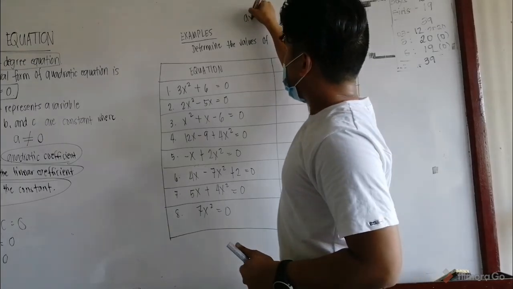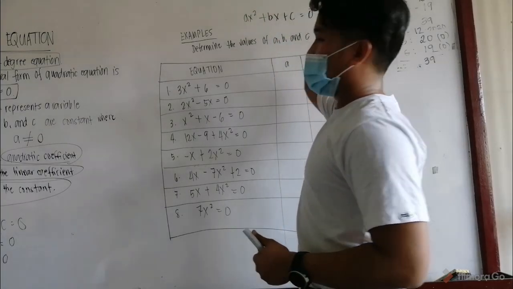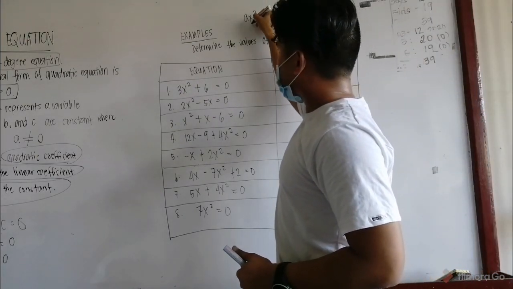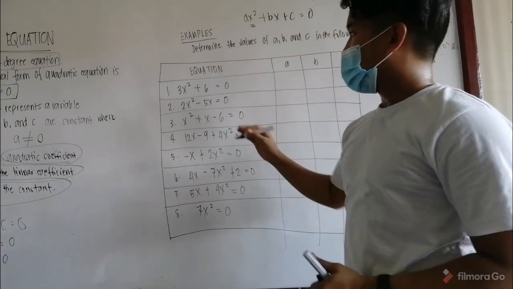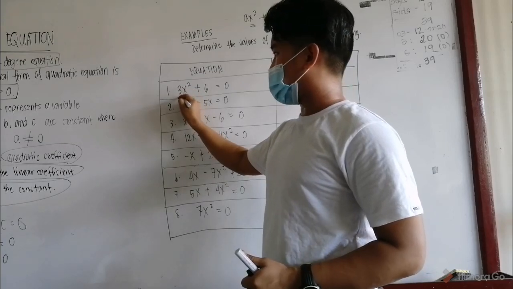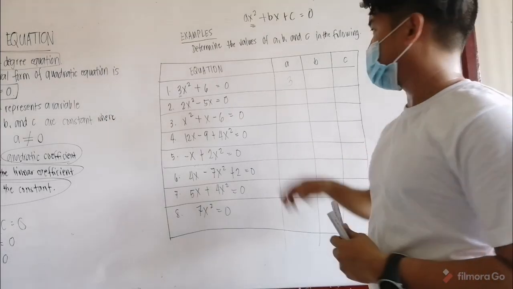So we have ax squared plus bx plus c equals 0. Now, ano ba yung kalapit ng x squared? It is the a. Okay, therefore, our a here is yung number 3. So we have number 3 here.